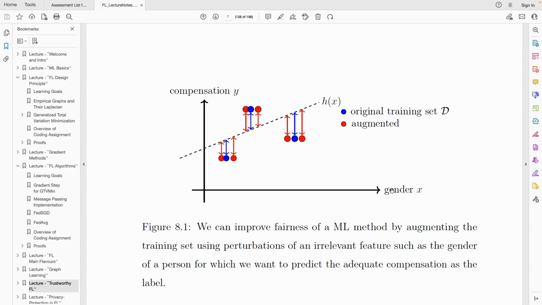So all other things being equal, the compensation that we offer should not change if we change the gender of the candidate. Or the credit score should not change if we flip the ethnicity or the religion of a bank customer. Although I hope they don't know the religion in general.